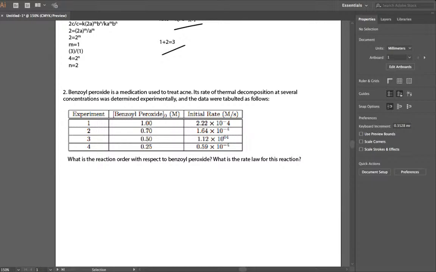And the initial rate: 2.22 times 10 to the negative 4, 1.6 times 10 to the negative 4, 1.2 times 10 to the negative 4, and 0.59 times 10 to the negative 4. What is the reaction order with respect to benzoyl peroxide? What is the rate law for this reaction?